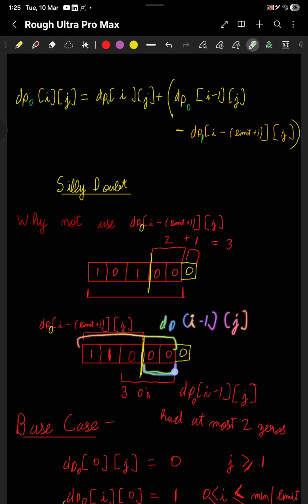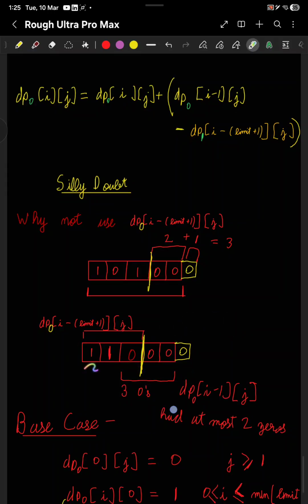So we had the possibility of invalid cases that have 3 consecutive zeros, right? We never had this 4th zero as our invalid case, because this array never had 3 consecutive zeros. So this would never be an invalid case that was added. So we don't need to subtract this one, right?